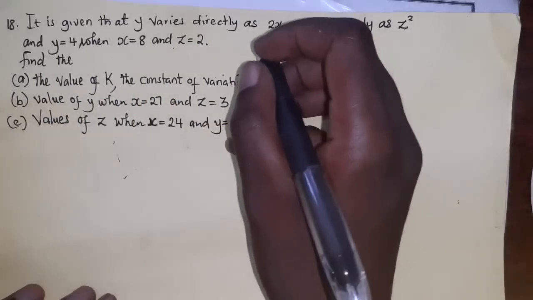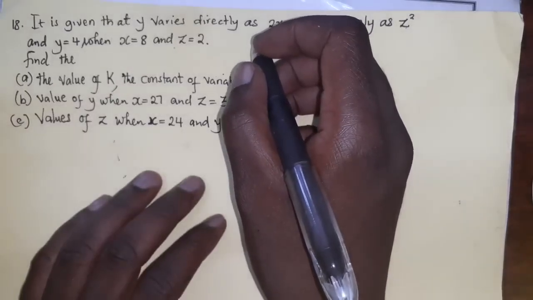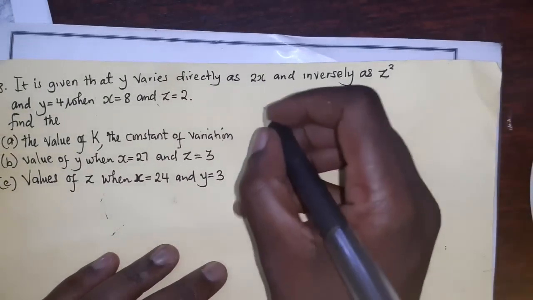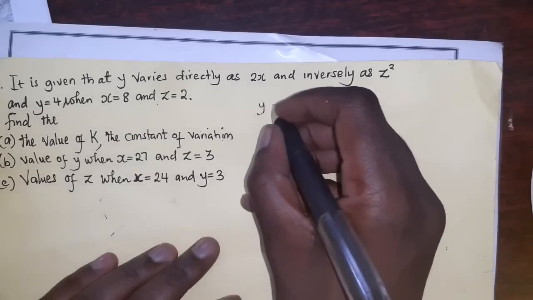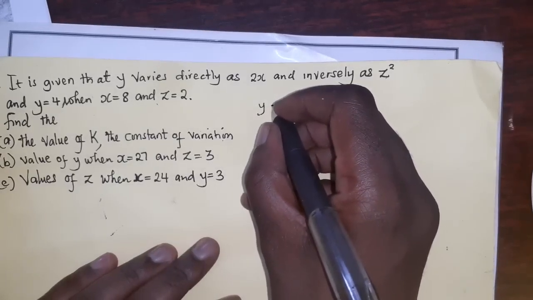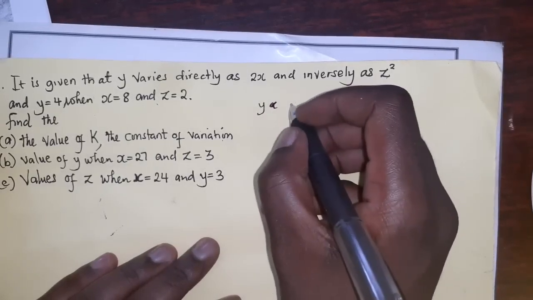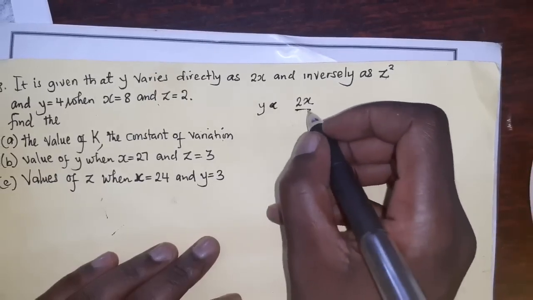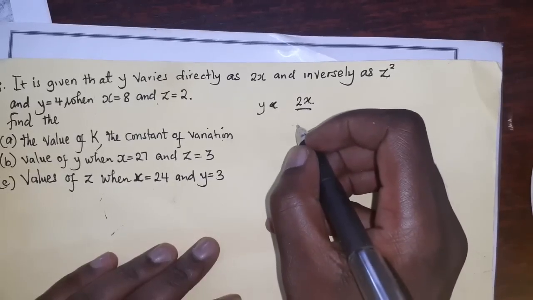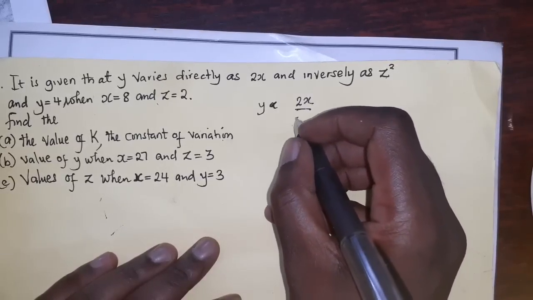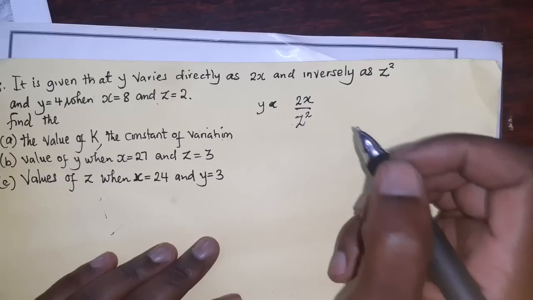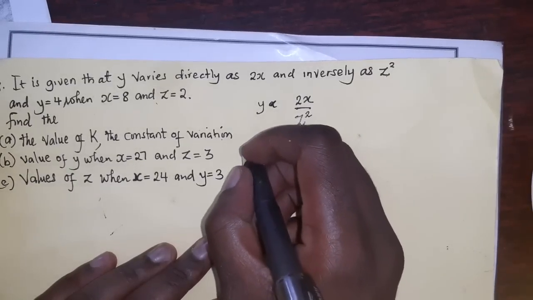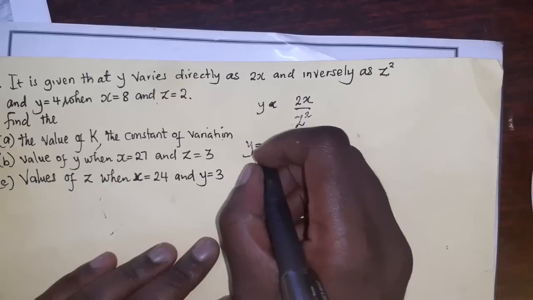So you know in this case that y varies directly as 2x and inversely as z squared.